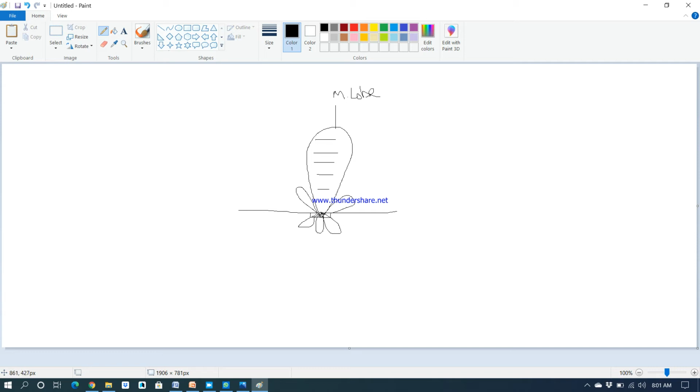Side lobes and minor lobes have less radiation compared to the major lobe. And this is a back lobe.